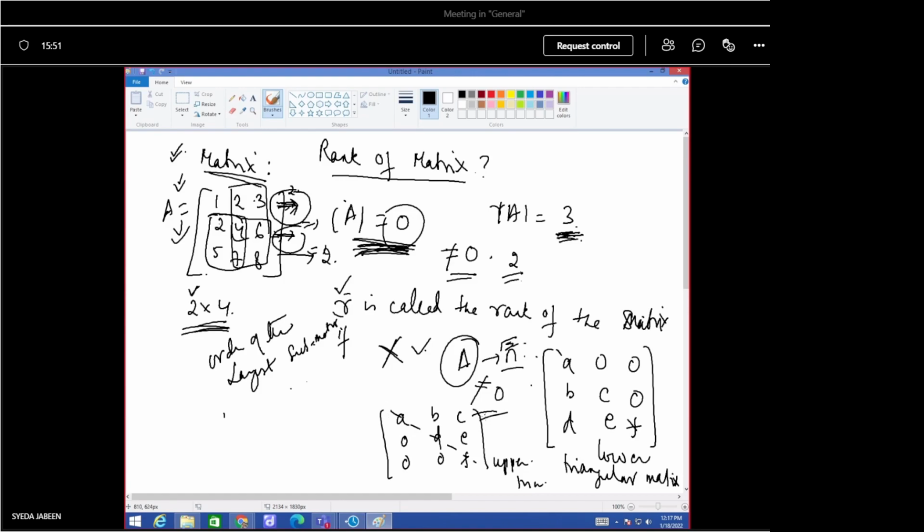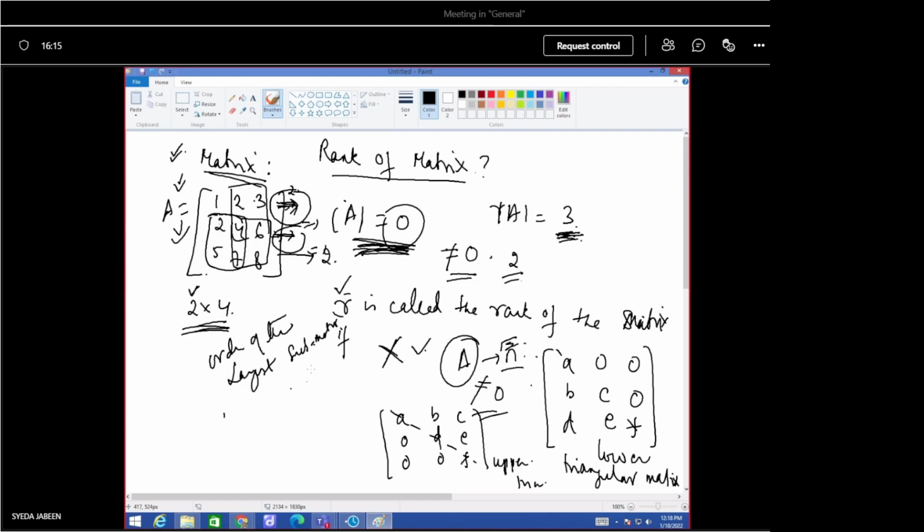Why? Can you tell me why? Can anybody say why I am saying that the number of non-zero rows and columns will give the rank of the matrix? Linearly independent.